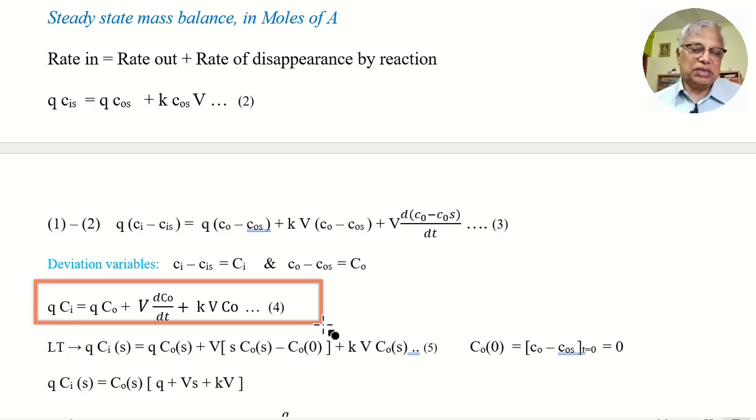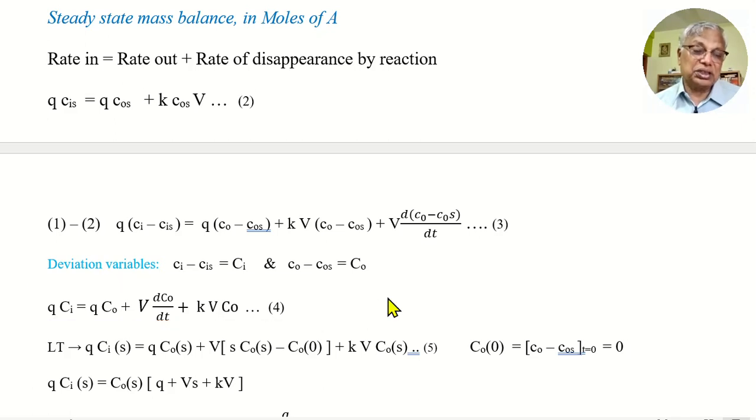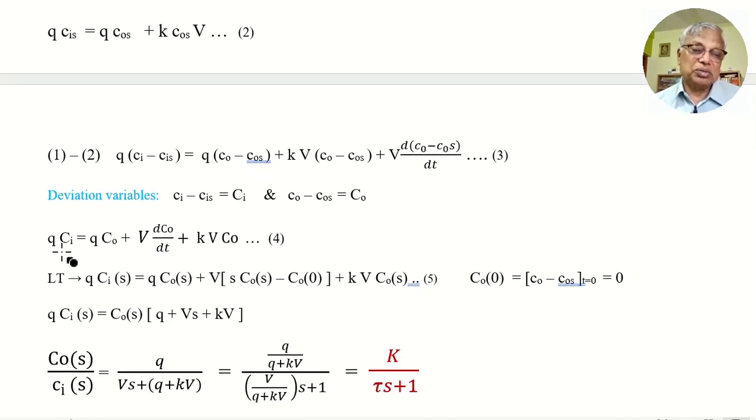Now once you get the differential equation, getting the transfer function is easy, simple. The usual procedure: take Laplace transform of the given equation. Take the Laplace transform of this differential equation. Ci and C naught, remember, they are functions of time.